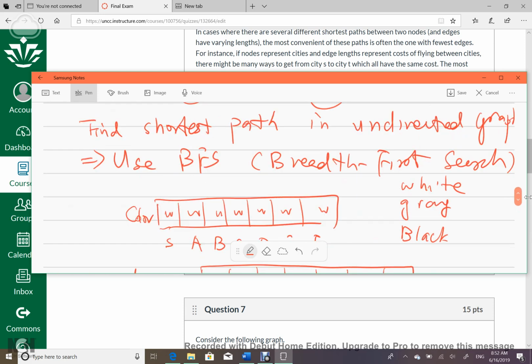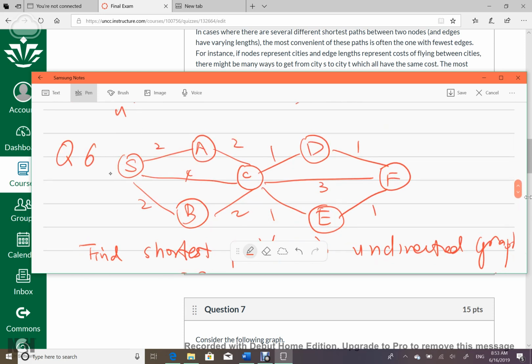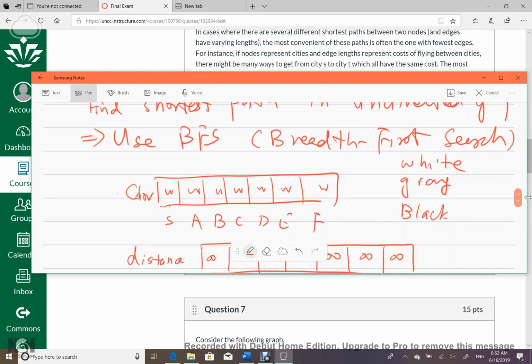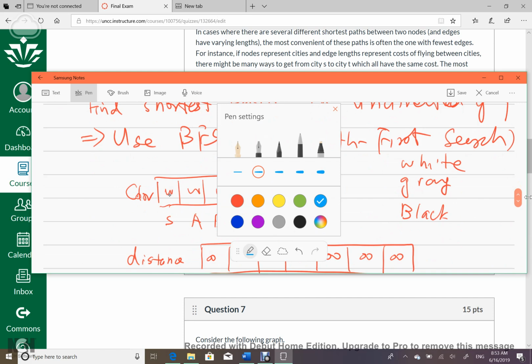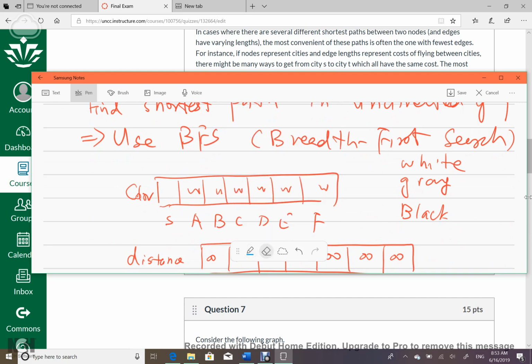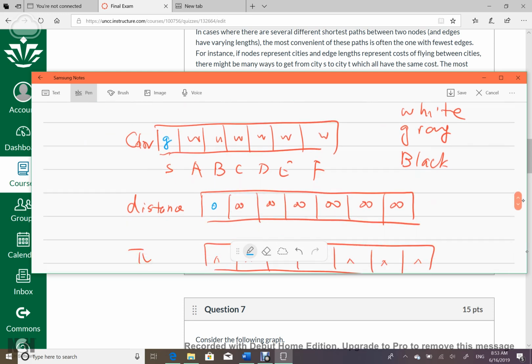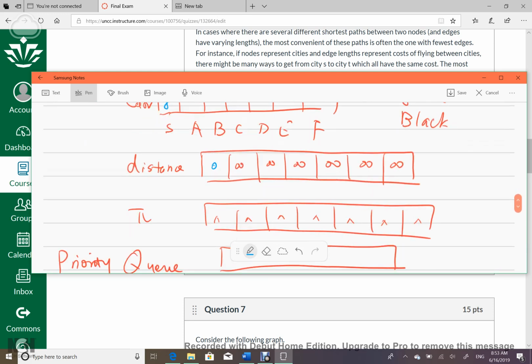Okay. So in the beginning, since we're starting from S, the corner has been changed to gray, right? Change to gray. And this distance starting from 0. And the parent is still S itself, as we said, right?